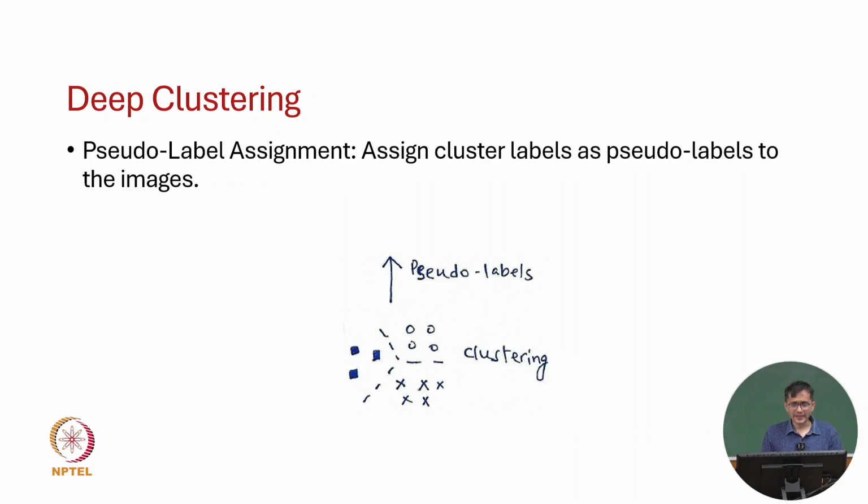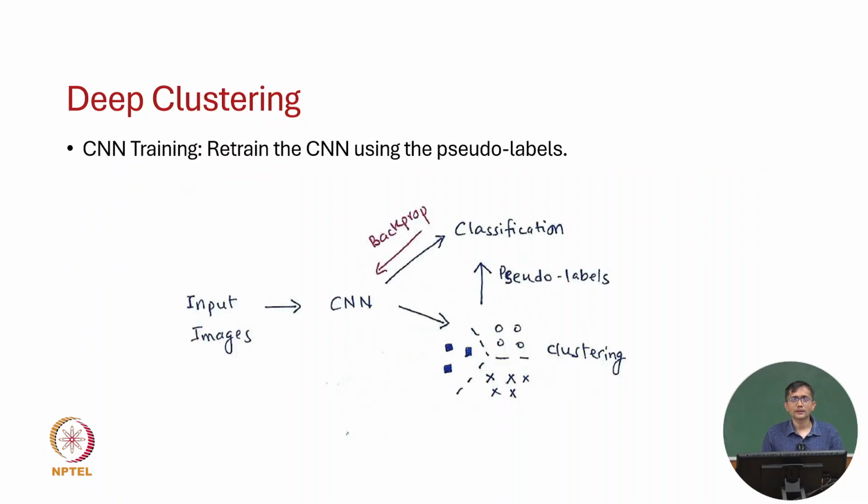And now what we can do is use these pseudo labels that we have assigned to retrain the CNN. Okay, so here we see another branch of the network, which is used for the classification, and then we use this particular branch for the back propagation as well.